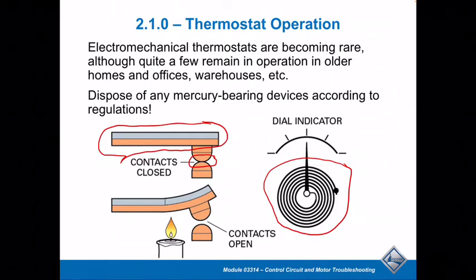So your book on page 15 in that section, they talk a little bit about the self-generating systems. They'll generate about 750 millivolts from a pilot flame, and this is typically what we call power pile type systems. And of course you can buy them with just simple switches, but there are specific thermostats that are designed for that.